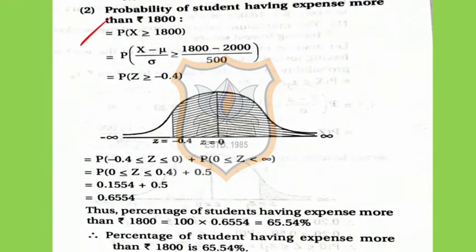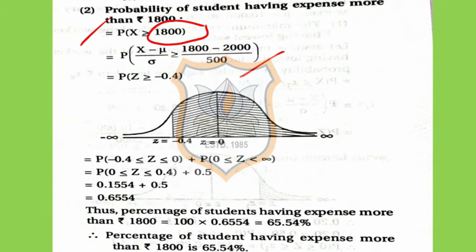Let's solve the second part. Probability of student having expense more than 1800. So our x value is 1800. Let's put in the formula x minus mu by sd. So it will be 1800 minus 2000 upon 500.